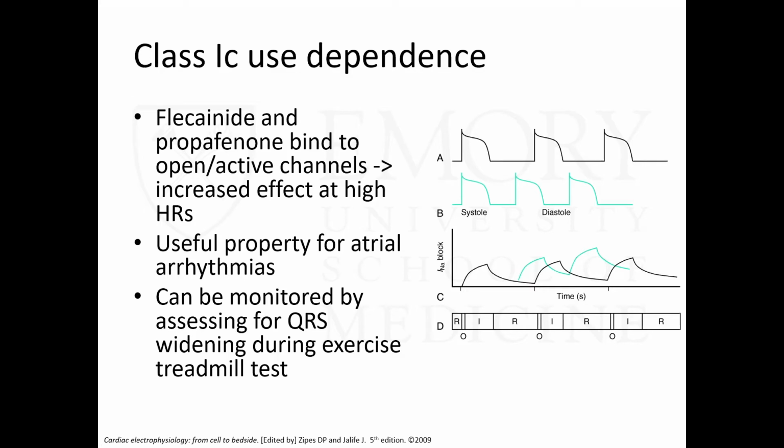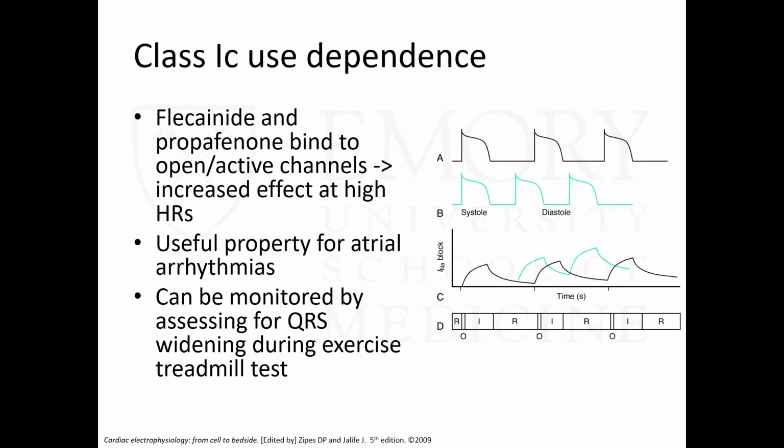Flecainide and propafenone only bind to open channels, which means that the higher the probability of a channel being open, the more quickly it's being depolarized, the more binding you get and the more drug effect you get. And that's actually pretty useful for Afib. If you're in sinus rhythm right now, that means that the myocytes in your atrium are only opening, say, 60 or 70 times per minute.